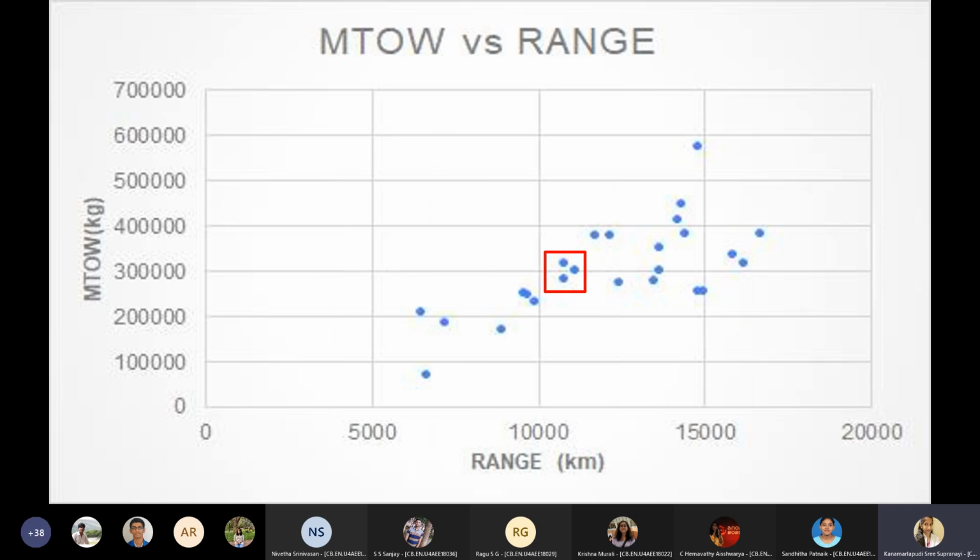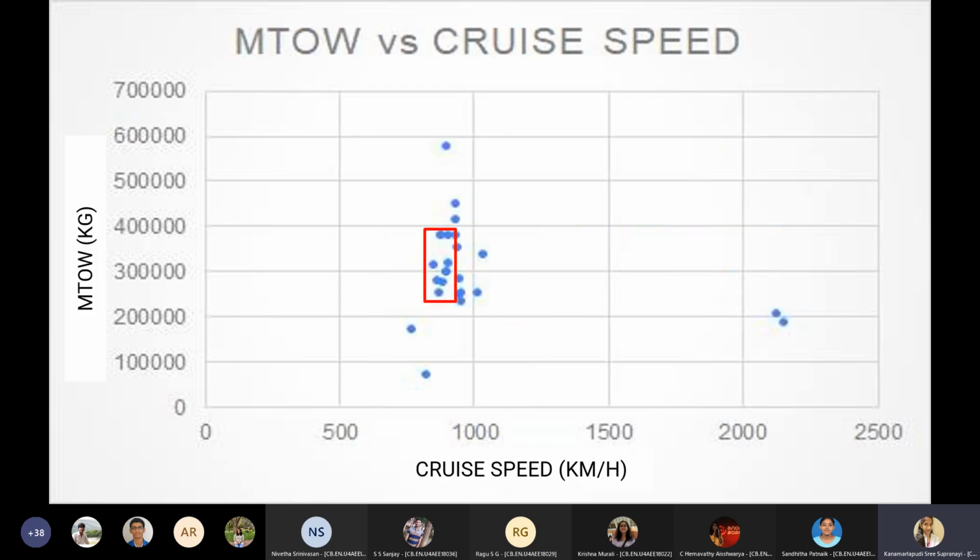Since our range is 10,053 kilometers, we see that the aircraft MTOW is around 3, and in the graph between MTOW and cruise speed, we see that our speed was around 857 knots. So this MTOW lies between 2.5 and 3.5. From these two graphs, we assumed the initial weight range between 2.5 and 3 and did multiple iterations.